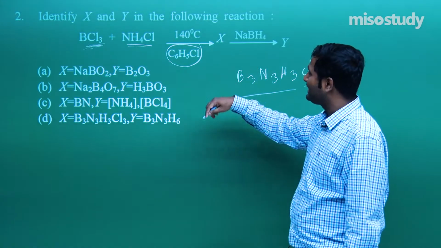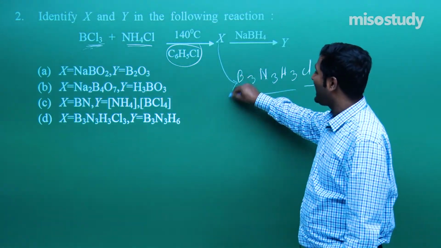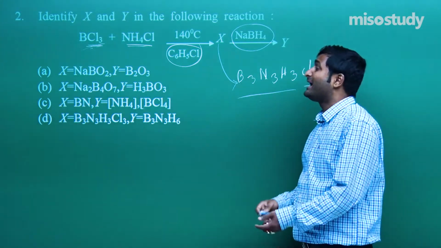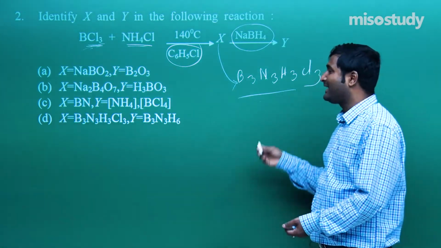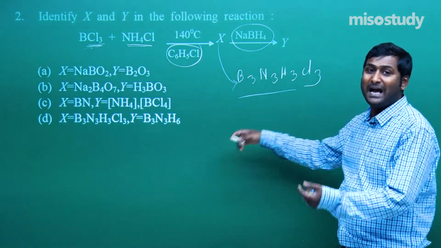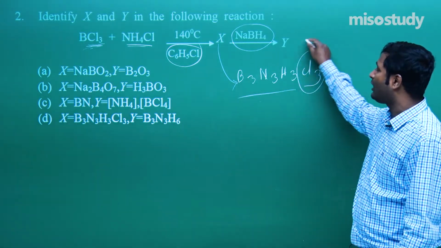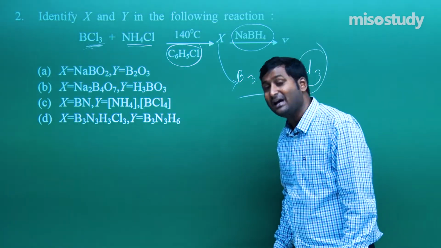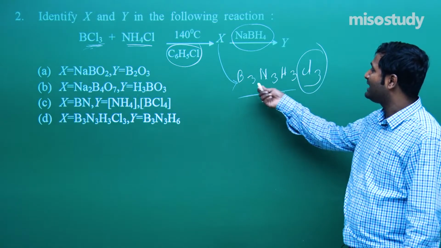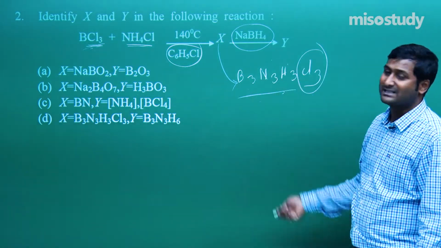Now why am I telling like this? Because if it is X, then this one is NaBH4. Reduction takes place, that is the addition of hydrogen, and here the removal of chlorine takes place, not only the removal of oxygen. Clear to you? So the product is B3N3H6.